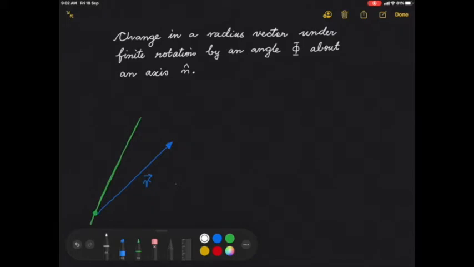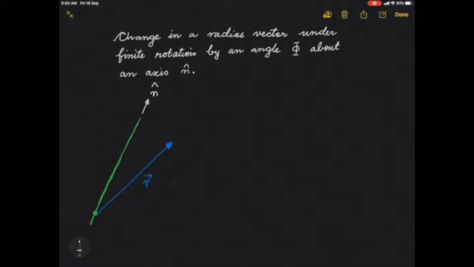And then this vector changes. Now this thing rotates around the axis, and the axis, let me call this the unit vector along this direction that we have already decided that it's n cap.